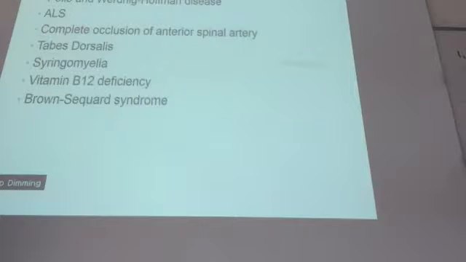You guys know soma means cell body? The soma, the cell body of the lower motor neuron, is here in the ventral horn of the gray matter. So that's why a lesion over here will be a lower motor neuron lesion, and a lesion here will be an upper motor neuron lesion.